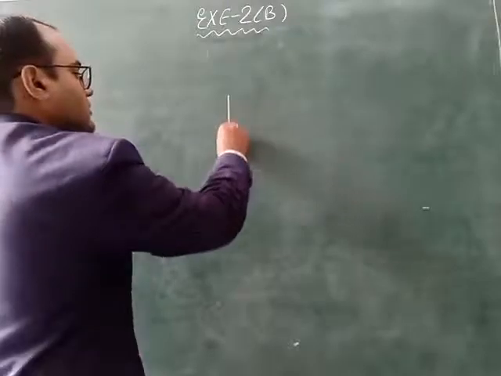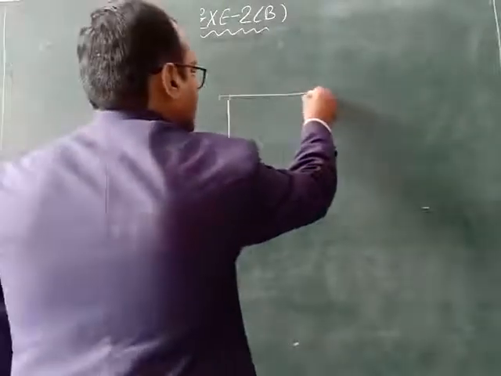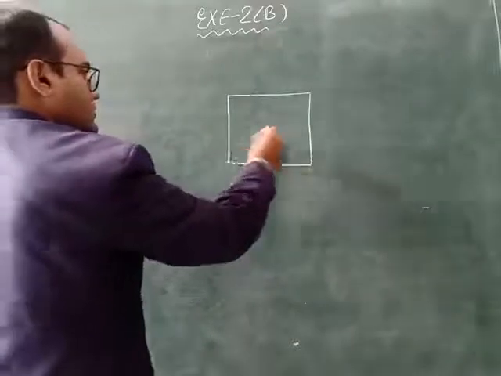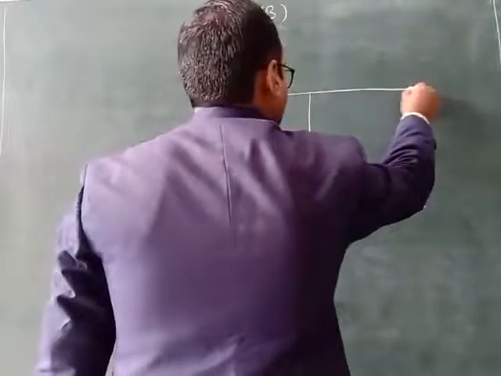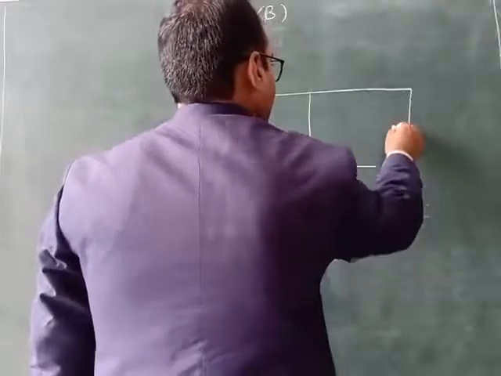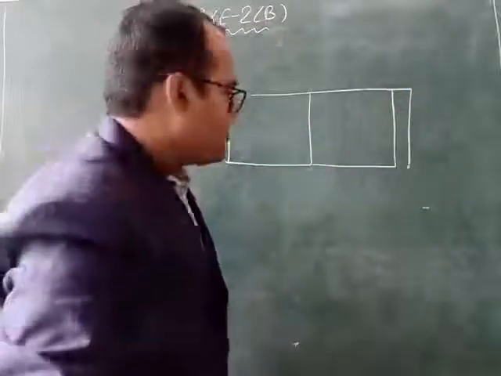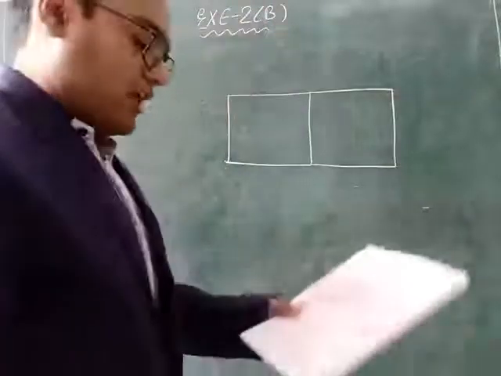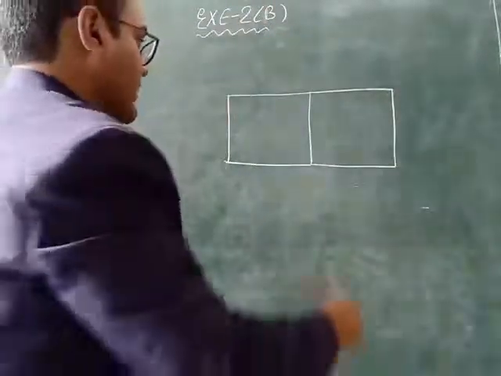Two cubes we had joined end to end, and both the cubes are of the same size, 3 cm each.